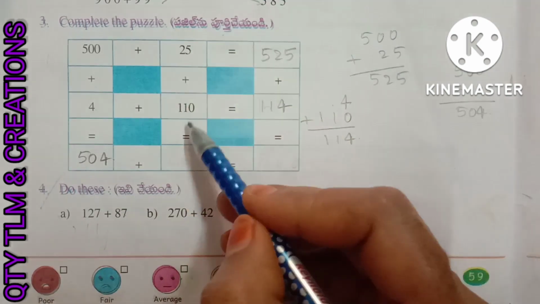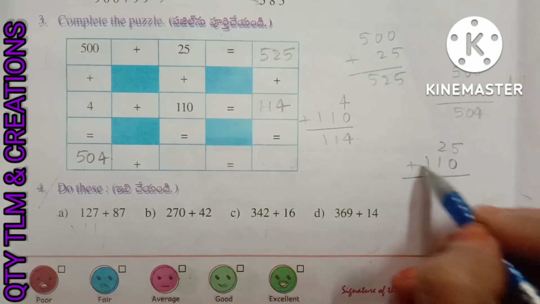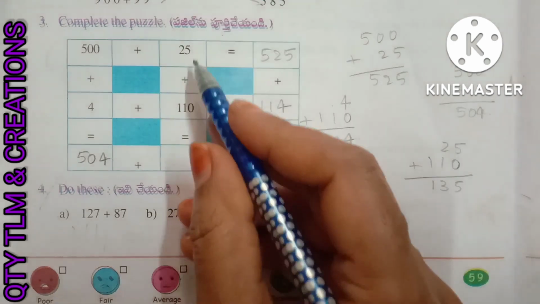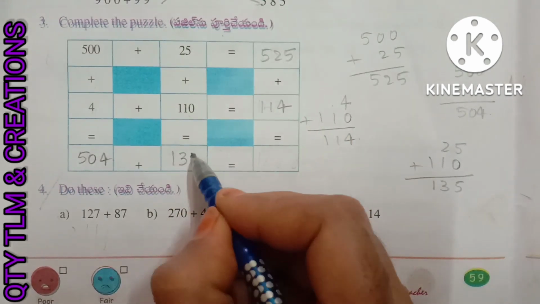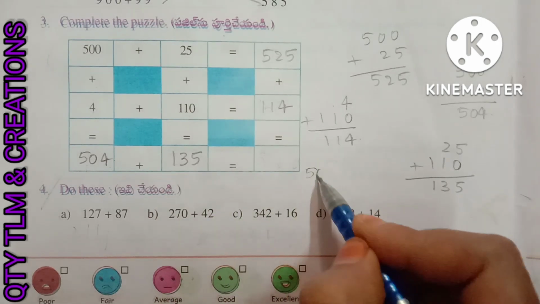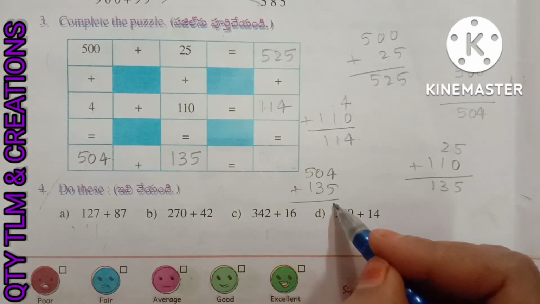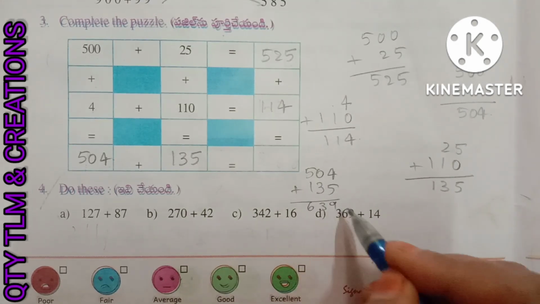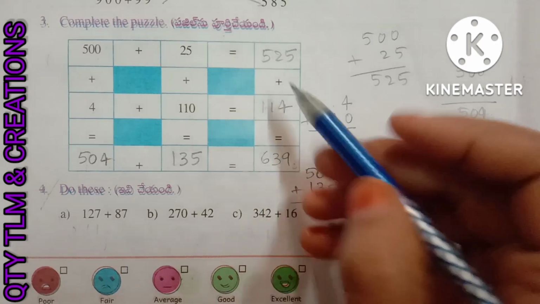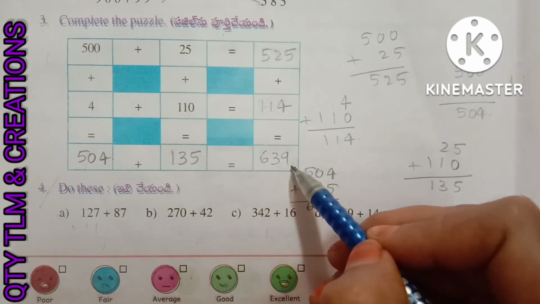Next 25 plus 110. So we get 135. So we have to write 135 here. Then 504 plus 135, so we get 639. So we have to write 639 here. So 525 plus 114 also we get 639.